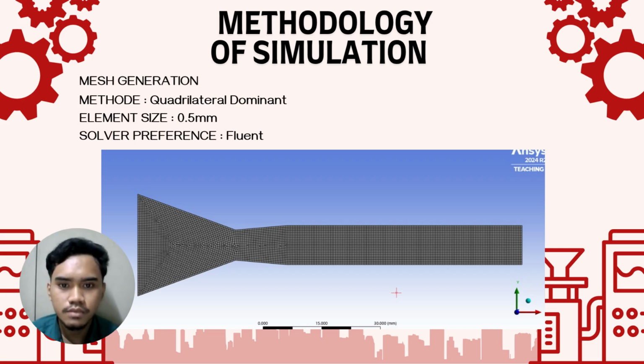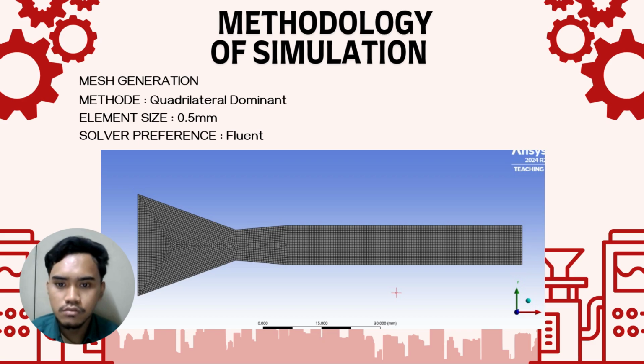So, moving to the methodology of simulation. After we design the nozzle, we go to the steps of meshing and simulation. Firstly, I'm going to talk about the mesh generation, which is the meshing.